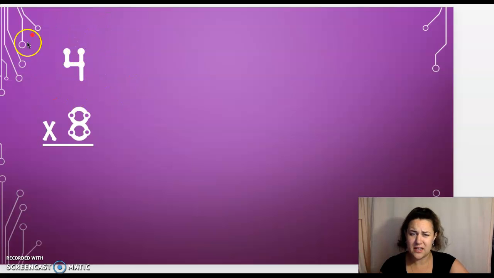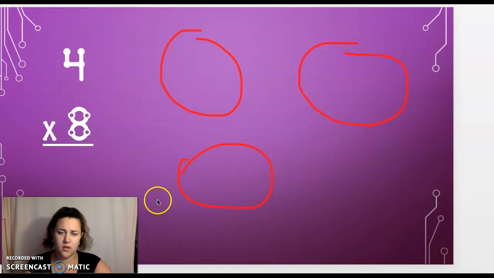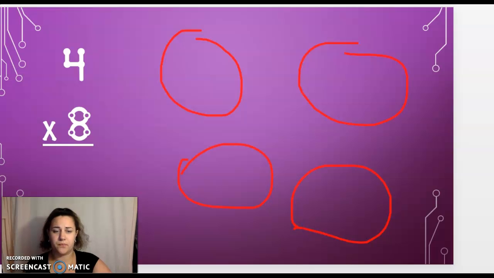So how many groups am I going to need, friends? 4 groups. 1, 2, 3, and I'm going to move myself over. 4. There we go. So now I know I have my 4 groups, and my second number tells me how many I need to put in each group. So I have 4 groups with 8 inside.